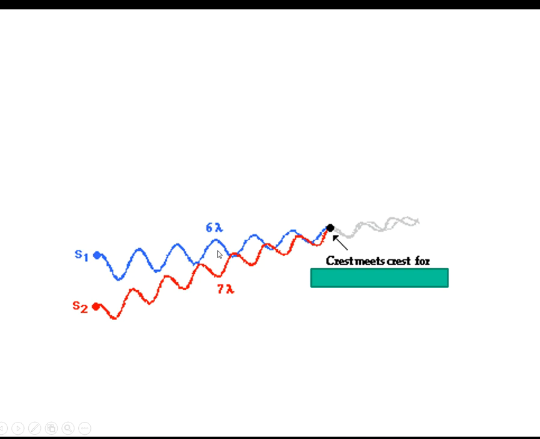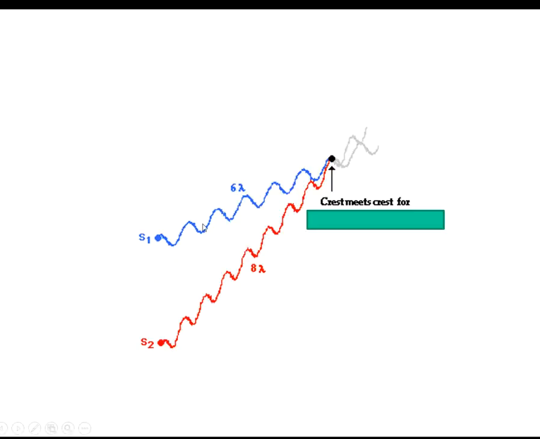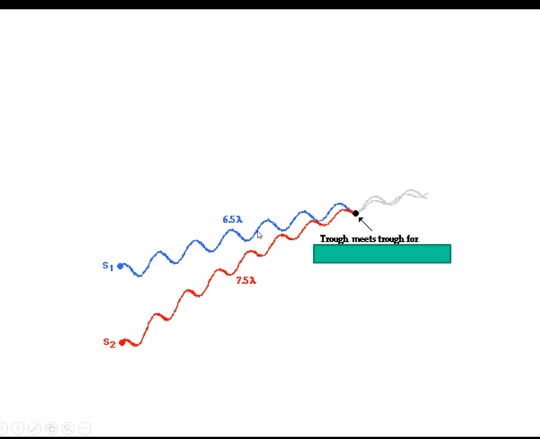So if you have a difference in path length between, let's say, 6 wavelengths and 7 wavelengths, a crest meets a crest for constructive interference. If you have a difference in path length between 6 wavelengths and 8 wavelengths, also crest meets a crest, constructive interference. But what about if you have 6.5 and 7.5 wavelengths?